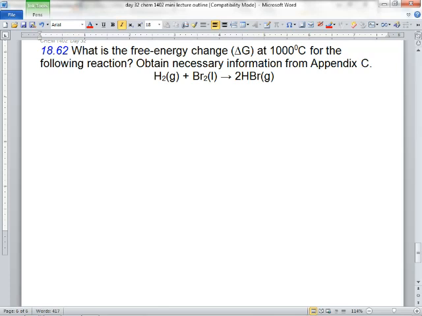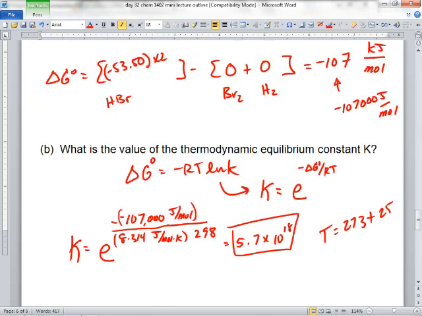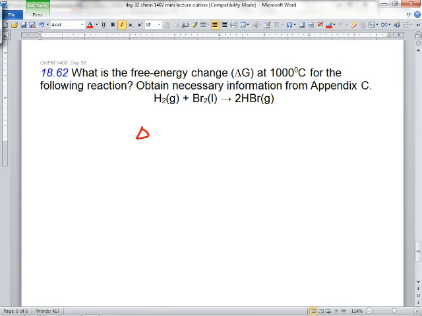Pablo, what's the free energy change at 1,000 degrees Celsius for the following reaction? What equation are we going to use to start us off on this thing? What was the equation? Delta G equals negative RT, this one?